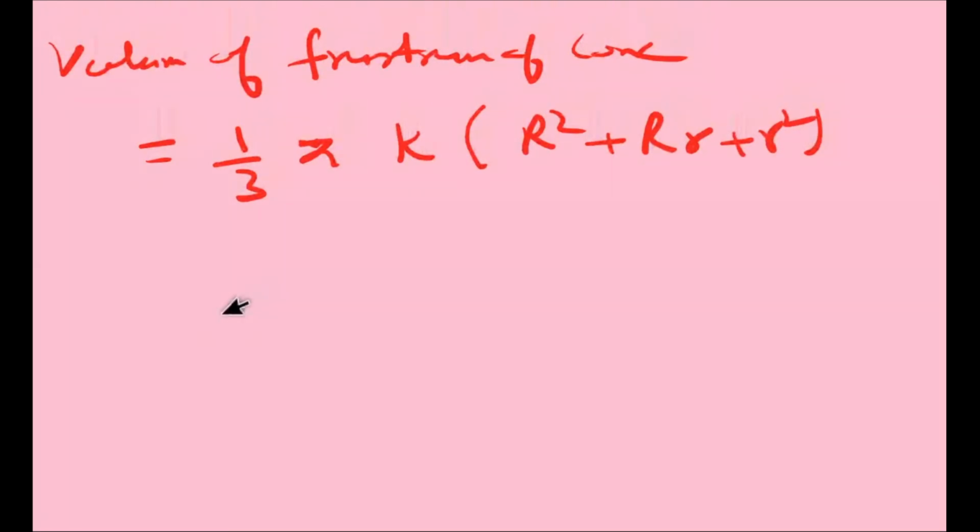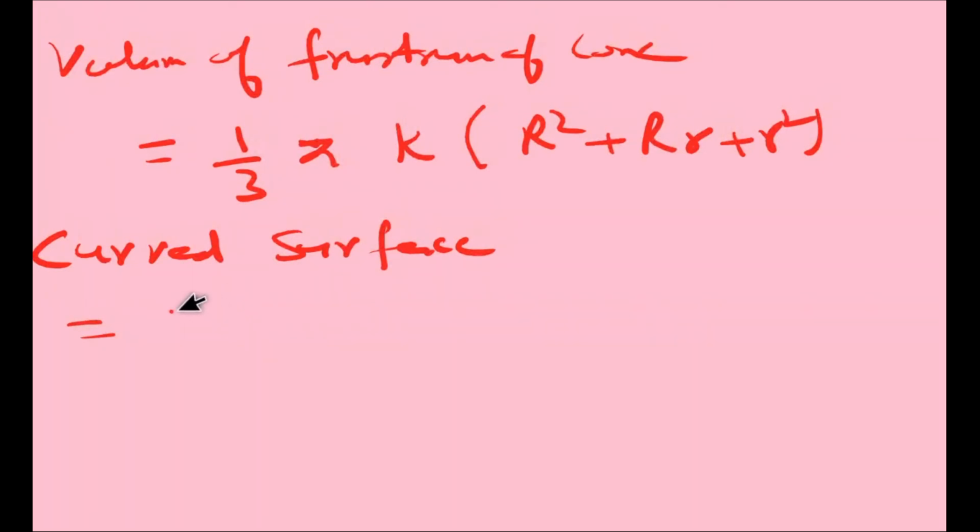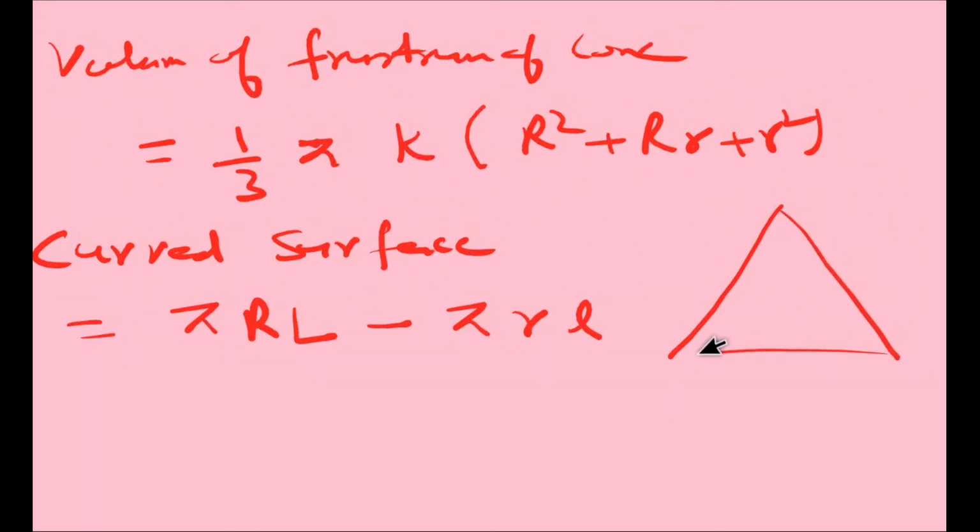Okay, now the curved surface. The curved surface will be the curved surface of the big cone, pi R L, minus the curved surface of the small cone, pi r small l. In this figure, this is L and this is small l.